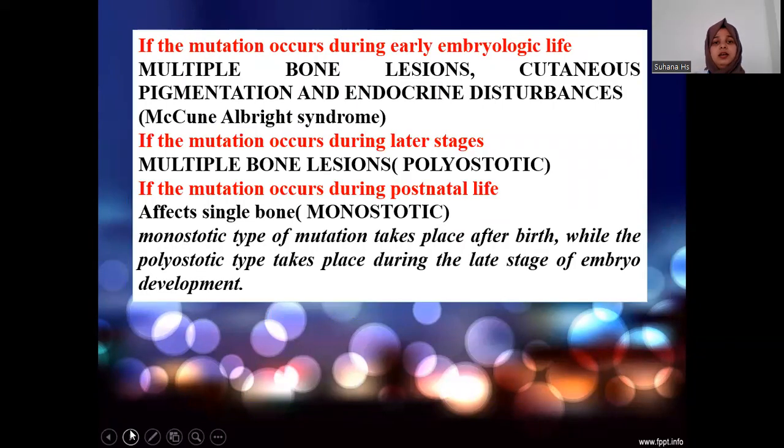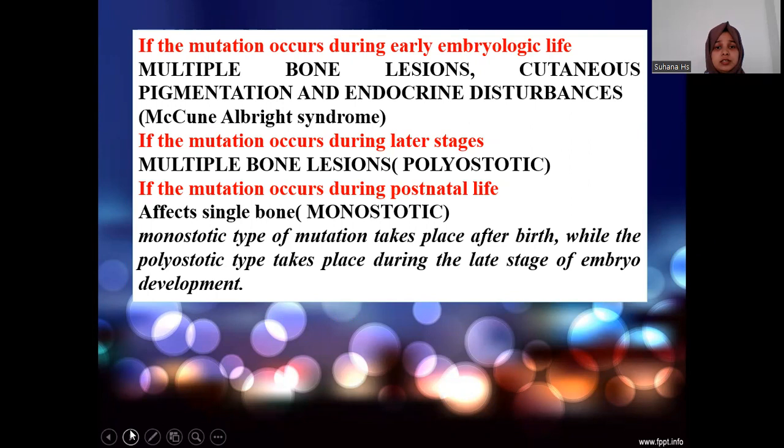This we already told. With mutation in early embryonic life, the stem cell is affected and multiple bone lesions, cutaneous pigmentation and endocrine disturbances occur. If the mutation occurs in the very early stage of embryonic life, it results in a lesion known as McCune-Albright syndrome, in which multiple bones are affected, cutaneous pigmentation will be there, and endocrine disturbance is also there.